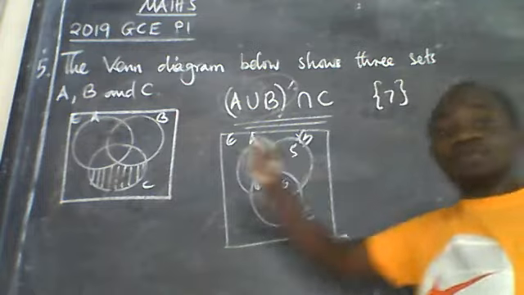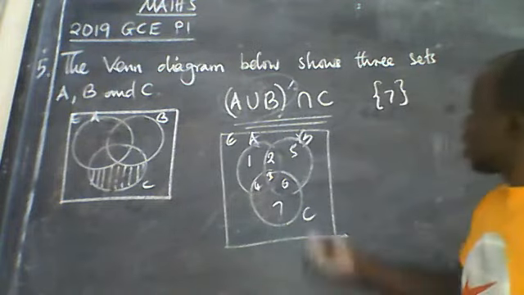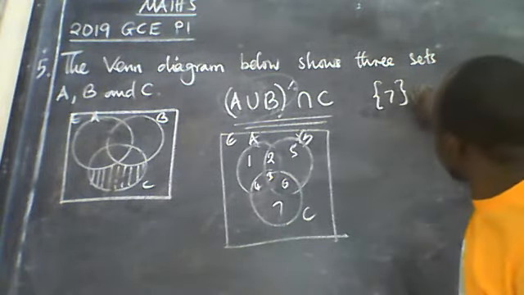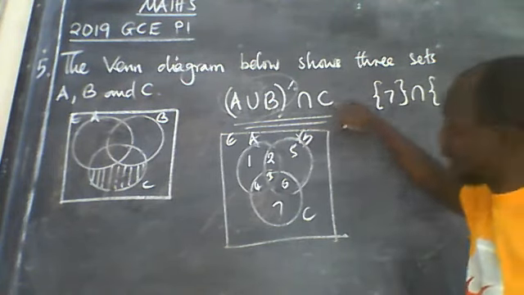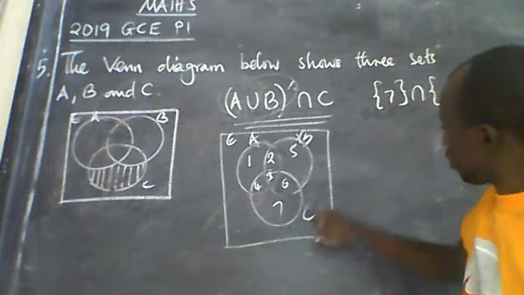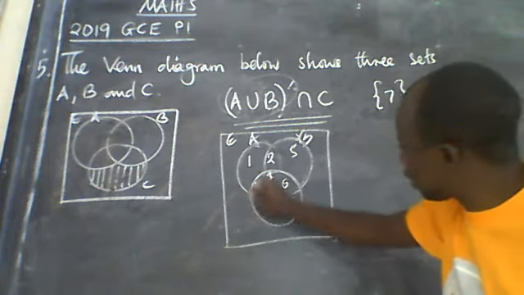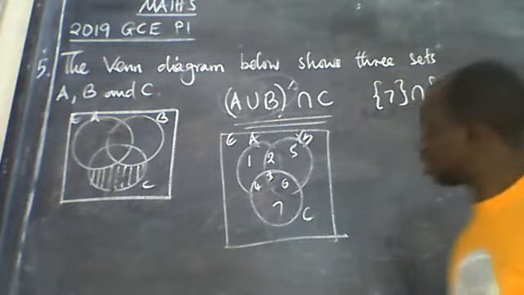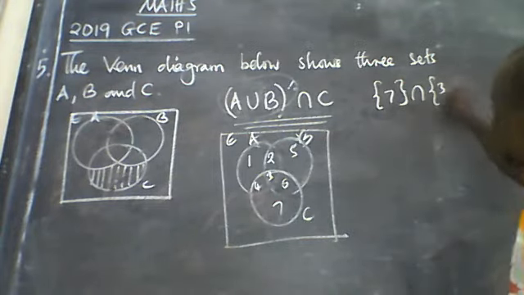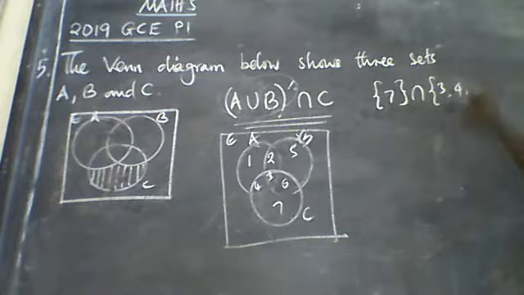And then it's like now I'm solving the set. I've got the intersection here, intersection C. Set C is this entire set. Then write all the elements that are in set C: I've got 3, 4, 6 as well as 7.